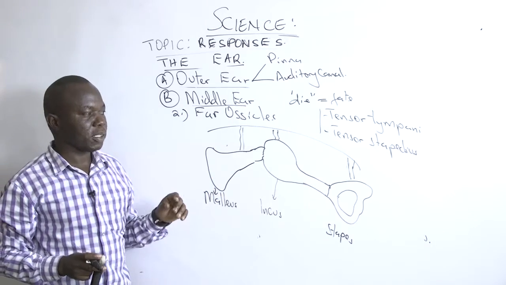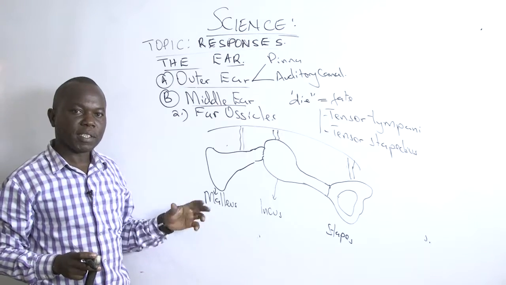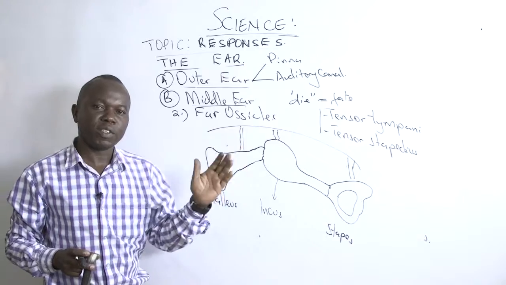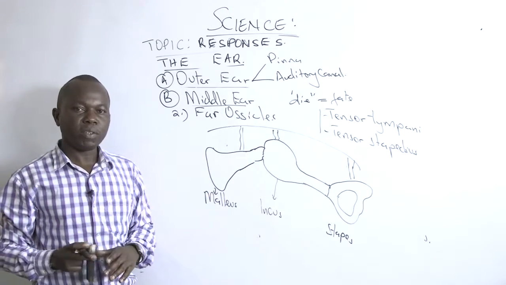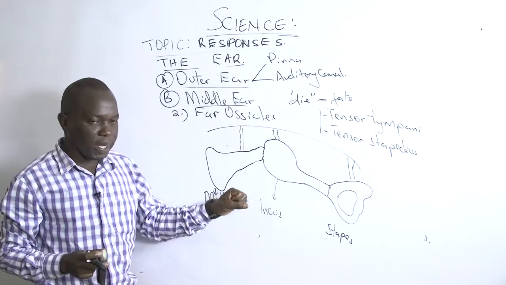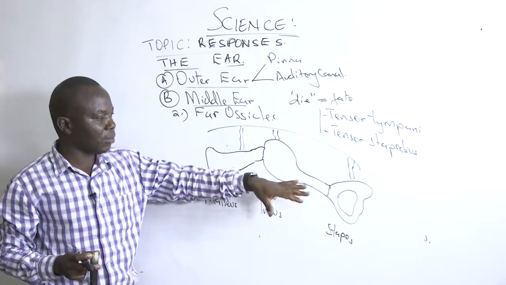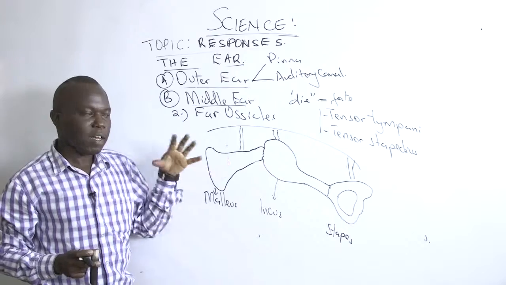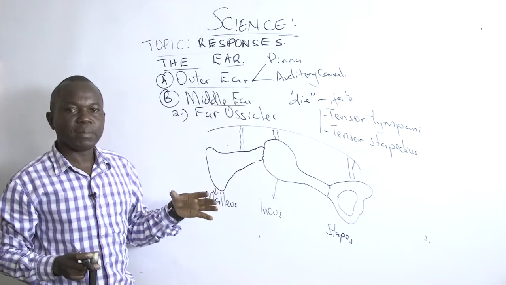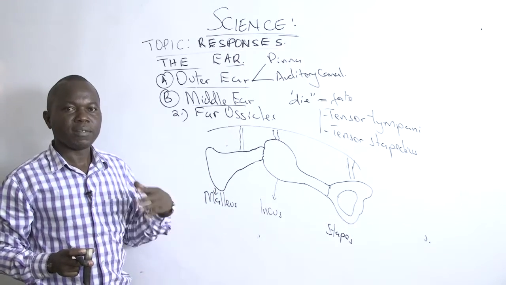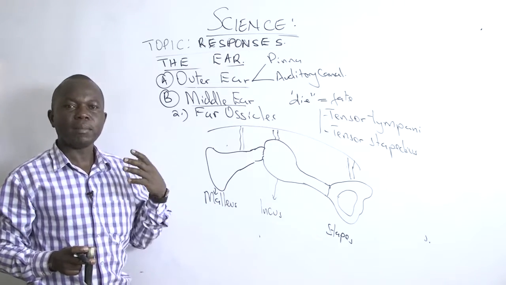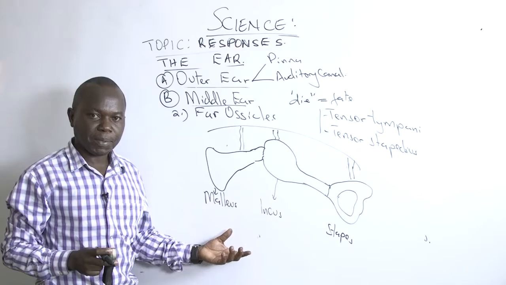And they are very important because sometimes the vibration might continue even after the transmission of sound vibration into the middle ear. So to stop that, apart from just holding them, it also stops further vibration. Otherwise, there will be merging of sounds. I've said one word, it merges with another one, and then it becomes difficult for perception.